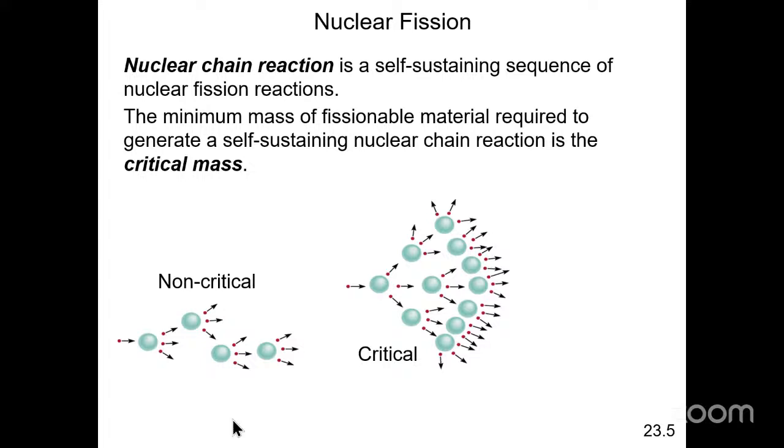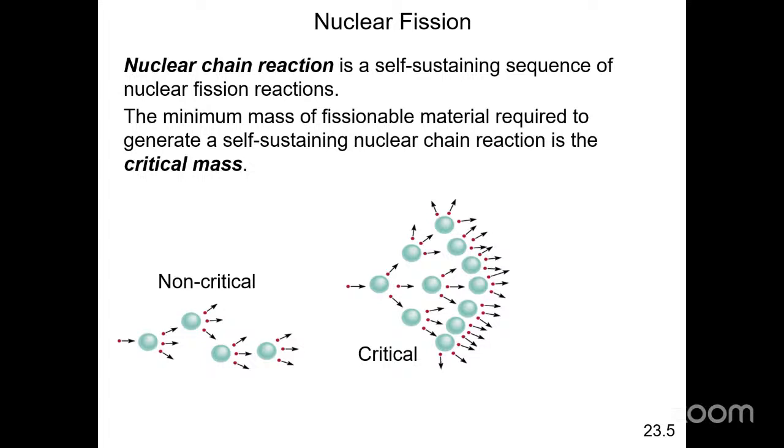Now, in order to sustain that chain reaction, you need to have a minimum amount of the nuclear material, the uranium-235, all right? If it is too small, the chain reaction will not be sustained because the neutrons will escape the material before impacting other uranium-235 nuclei.